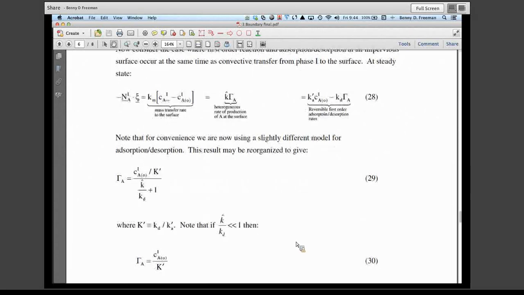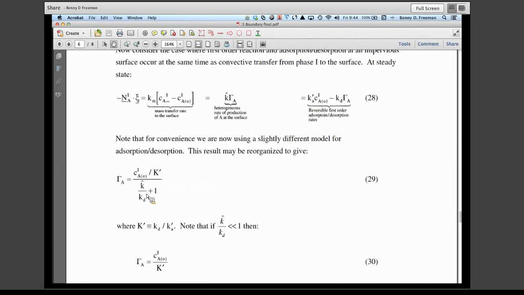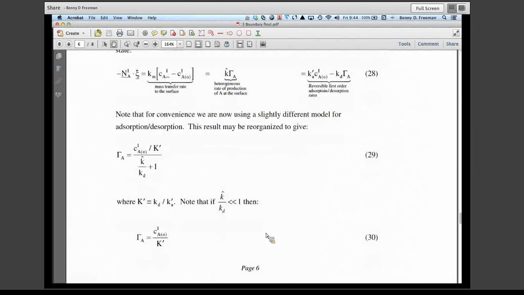And if the rate of chemical reaction is very slow, or essentially negligible, then this term in the denominator goes to 0. And the concentration of A on the surface becomes proportional to the concentration of A in the phase just next to the surface. And the constant of proportionality is related to these adsorption and desorption rate constants.